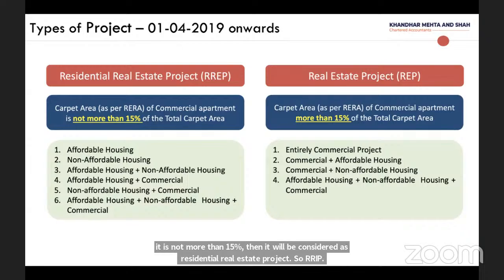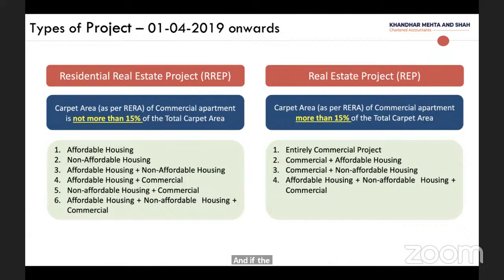And if the commercial apartment area is more than 15% of the entire carpet area, then it will be considered a commercial project, or they termed it a real estate project, REP. So this is the distinction, RREP and REP.